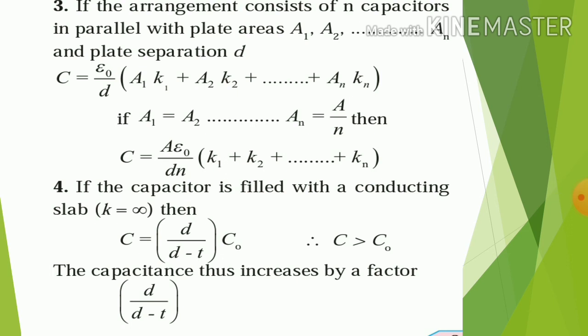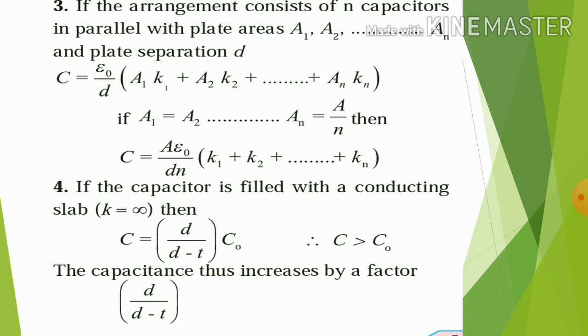Then this equation arises. Again, this equation is C equal to epsilon 0 upon d into brackets capital A1 into small k1 plus A2 into K2 plus and so on plus An into Kn.